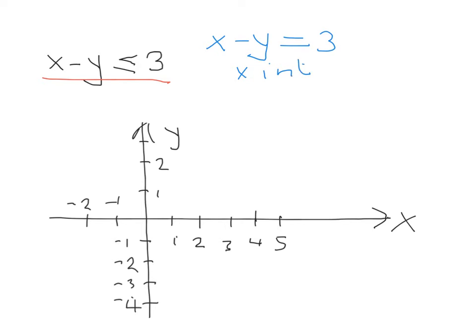Again, for the x-intercept, we let y equal 0, which leaves us with the equation x minus 0 equals 3, or in other words, x equals 3. So we have an x-intercept at 3, right here. To solve for our y-intercept, generating a second point, we let x equal 0.